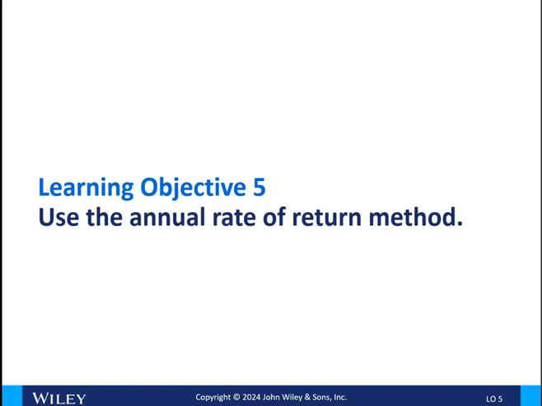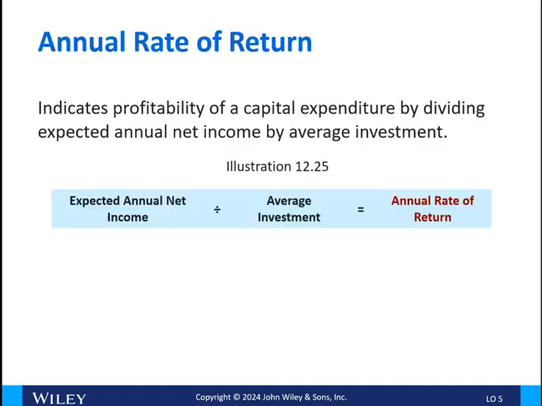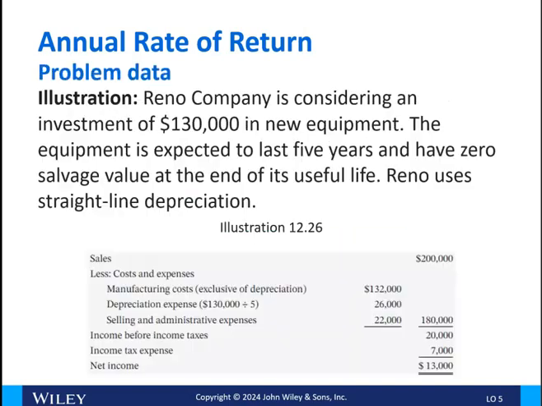Now we'll look at the annual rate of return method. It indicates the profitability of a capital expenditure by dividing expected annual net income by average investment. So expected annual net income divided by average investment gives us our annual rate of return. So Reno Company is considering an investment of $130,000 in new equipment.